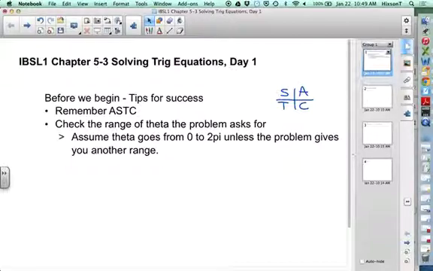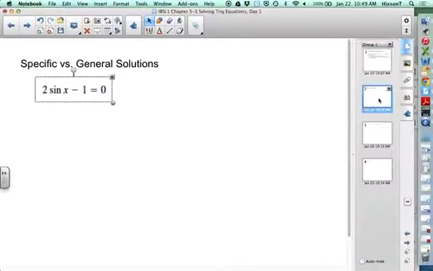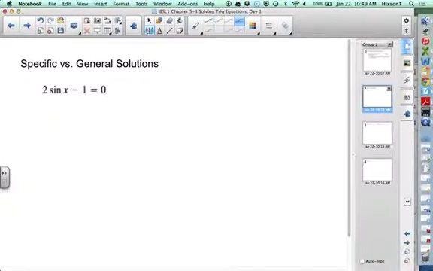So let's take a look at how we would go about doing this. We'll start with one that won't require the calculator, but I want to use this to introduce how we're going to give our solutions. As we're trying to solve trig equations, I'll give you a step-by-step process that I usually follow.